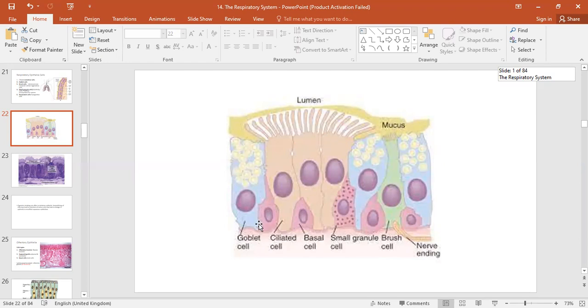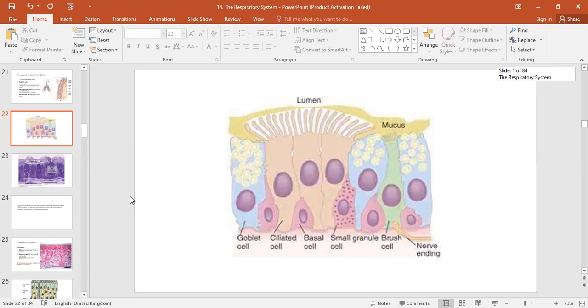Basal cells are there as stem cells. They will replace any of these other types of cells if they are damaged. Then we have brush cells and columnar cells. Okay, so that's respiratory epithelium. The majority of the respiratory system is respiratory epithelium.